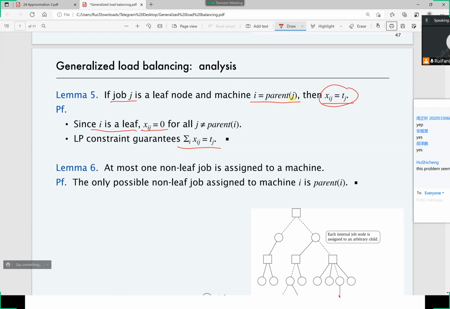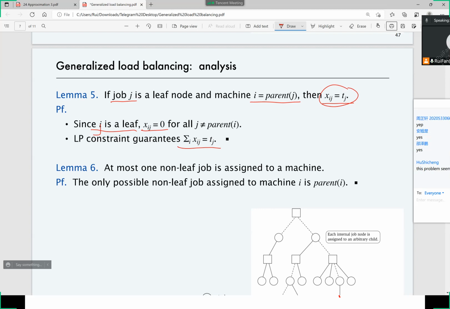If this job was connected to multiple machines, then we can't say that any of these x_ij values are exactly equal to t_j. But because job j is a leaf, it's only connected to a single machine, and so that single machine must do all the work for that job.